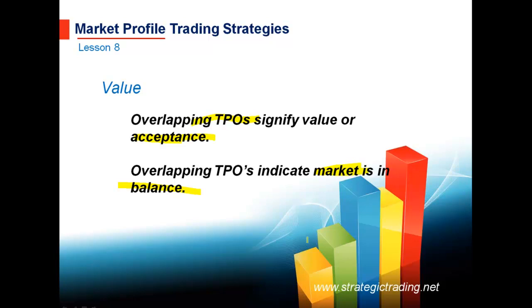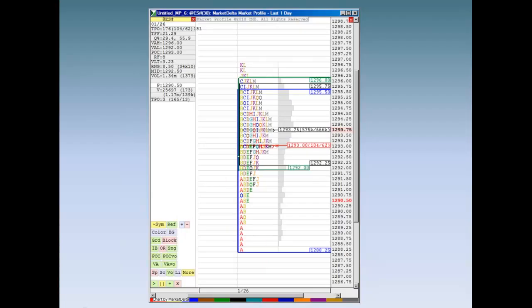More TPOs, more people trading at these prices, a larger number of TPOs developing on the profile chart, and a market that is developing balance or is in balance. All right, so here let's quickly see, this is the area where we see most of the TPOs.